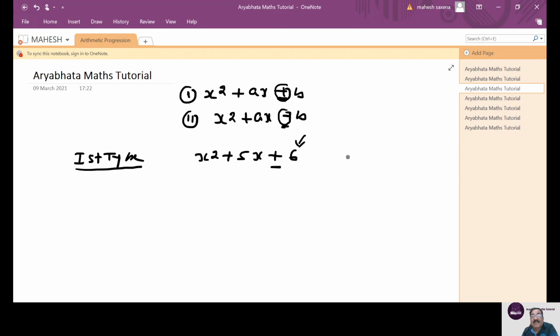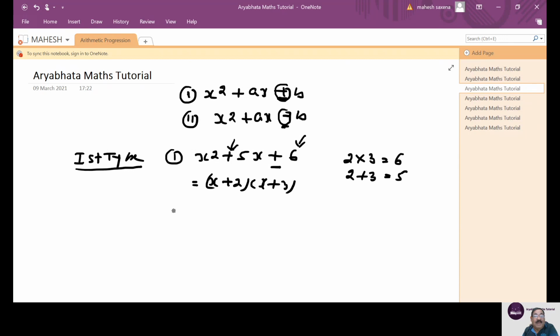It is 2 and 3, since 2 into 3 is equal to 6 and 2 plus 3 is equal to 5. This constant is positive. Therefore, the factors of this are x plus 2 and x plus 3.